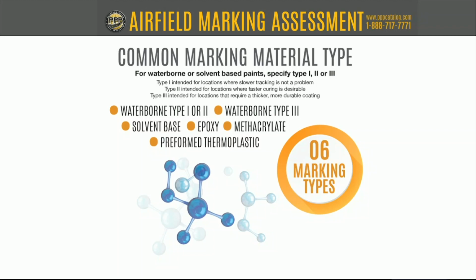Great. Yeah, I'll chime in on the same thing. Waterborne, just a couple notes. Waterborne type 1 generally doesn't retain beads well due to the resin that's commonly used, so be aware of that. Type 3 and some type 2 paints are designed, as Mike said, for this high build. That high build will give you longer wear, and you can also get better adhesion of larger beads, which we'll be talking about in a few moments.